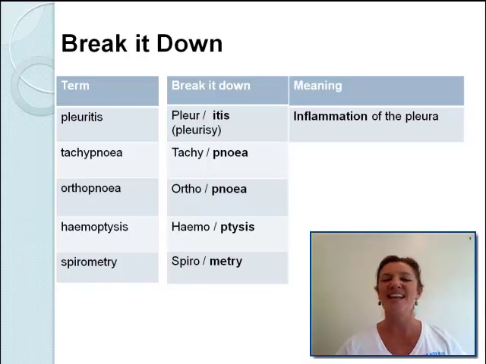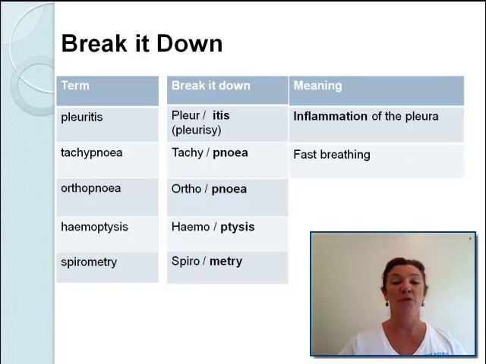Another term meaning exactly the same thing would be pleurisy. Tachypnea. Nea is our suffix meaning breathing, so it would be fast breathing. And you may remember it was fast, shallow breathing. Orthopnea. Nea we know is breathing. Ortho meant straight and upright.